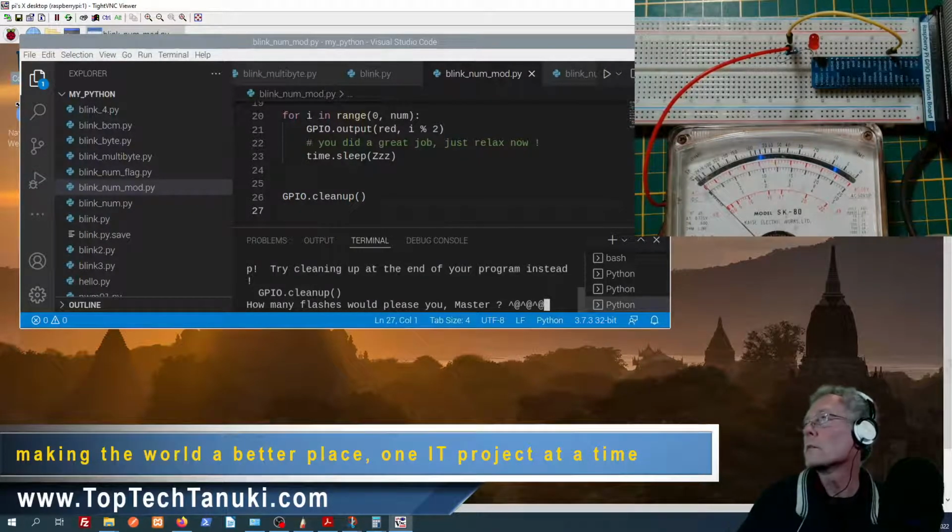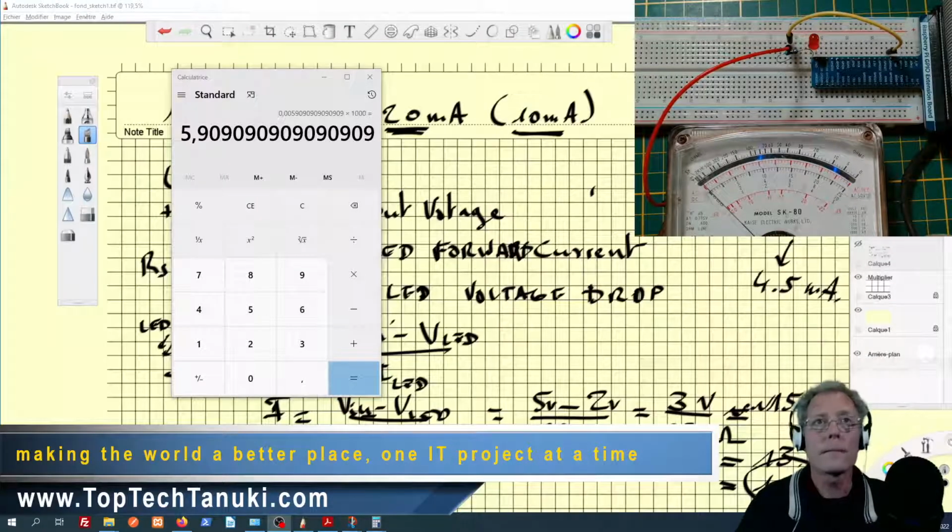Oh, there's a problem between Windows and things here. I will just start it again. Sorry.